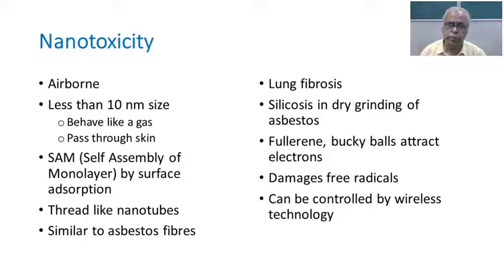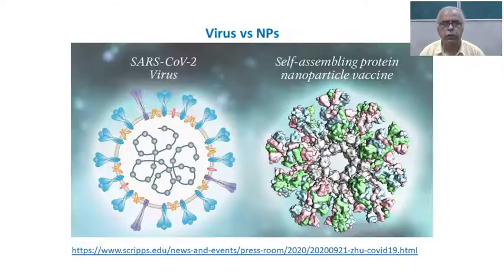In those days, these dry grinding processes were banned because of diffusion of these asbestos fibers. And the fullerene, the buckyballs, they can attract even electrons. So it means these nanoparticles can be controlled remotely by wireless technology also. So it can damage the free radicals.